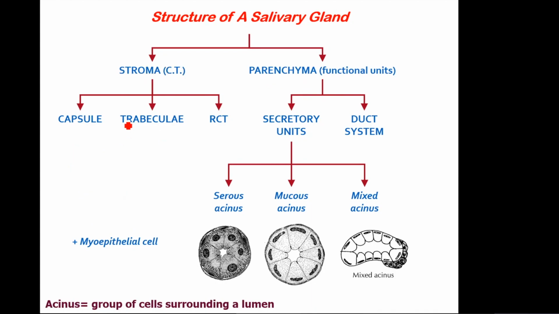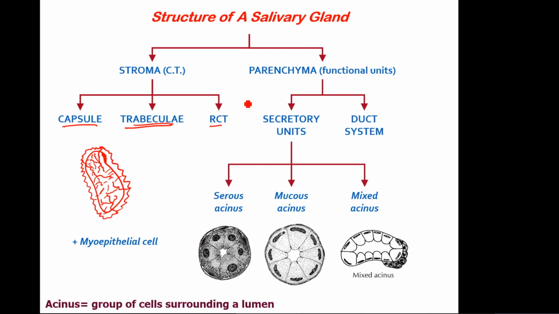The stroma represents the capsule that covers the gland. From the capsule, connective tissue moves to the inside of the gland and divides it into lobes and lobules. This connective tissue is known as trabecula, right? So capsule and trabecula, supported by reticular connective tissue, which is reticular cells with fibers to support these structures.